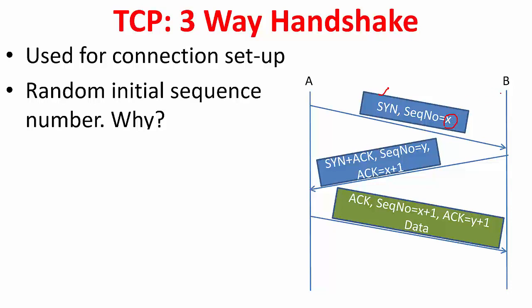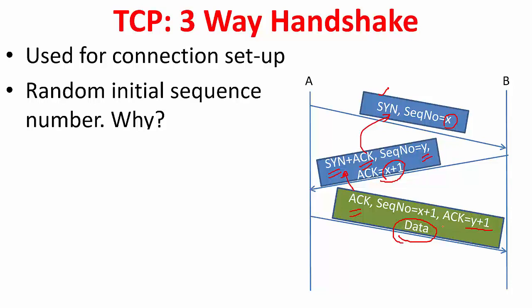And in response to this, B will also say, okay, I also want to synchronize with you, and it will acknowledge this SYN, and it will also choose another random number Y. Notice that this acknowledgement is basically saying, fine, I received X, I want X plus 1. That is what this acknowledgement means. And in response to this packet, A will ACK this packet, and the ACK is I want Y plus 1, because B sent Y. And in this packet, you can potentially pack in data and send to the other side.